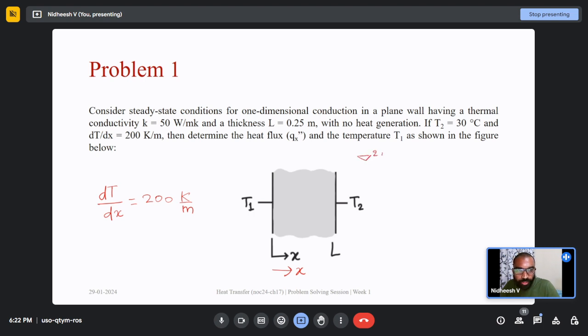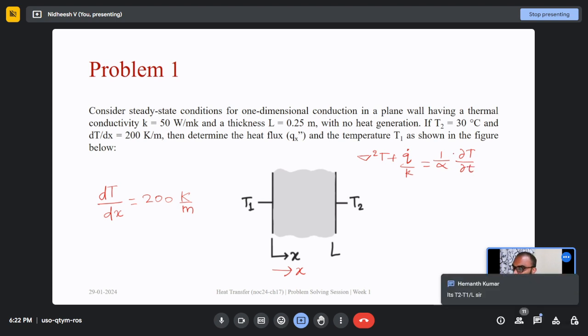Del square T plus heat generated per unit volume divided by K equal to 1 by alpha dT by dt, right? This expression you should remember, and I think we derived it using energy balance in lecture 3 probably.